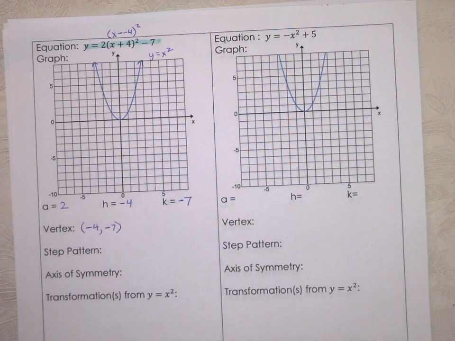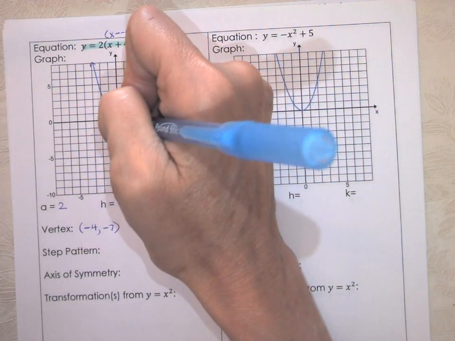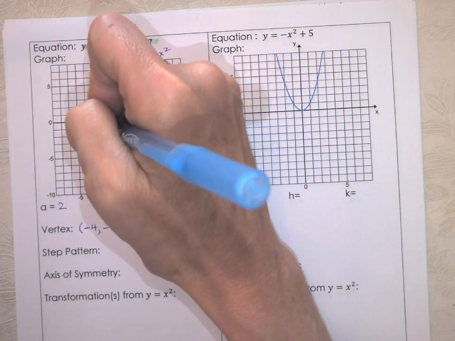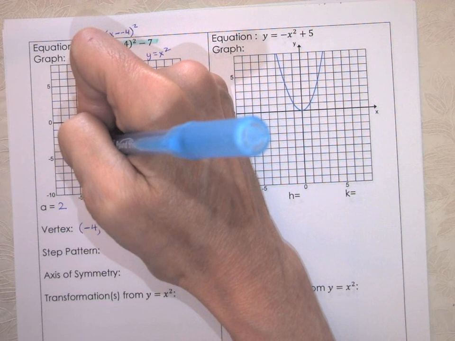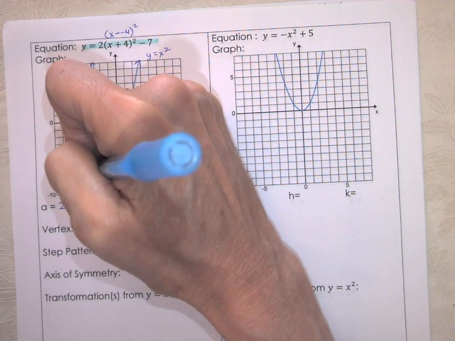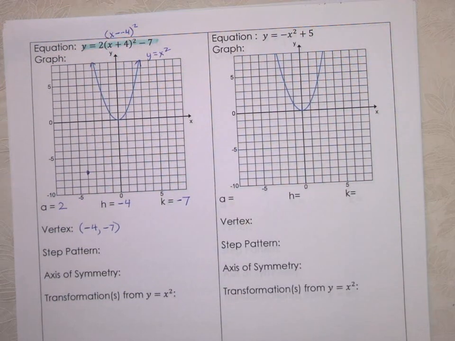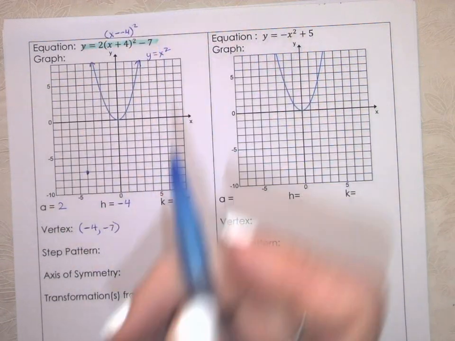So we're going to plot that point on our grid. That's our new vertex. So 1, 2, 3, 4, 1, 2, 3, 4, 5, 6, 7. Right there is our new vertex. And our step pattern, so we've got a 2 now.